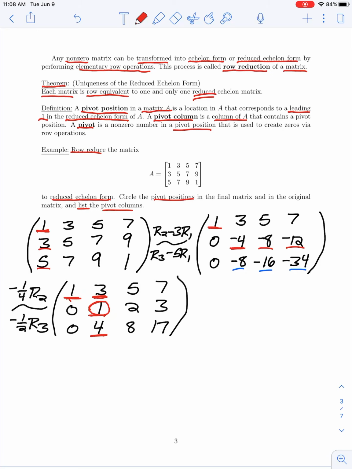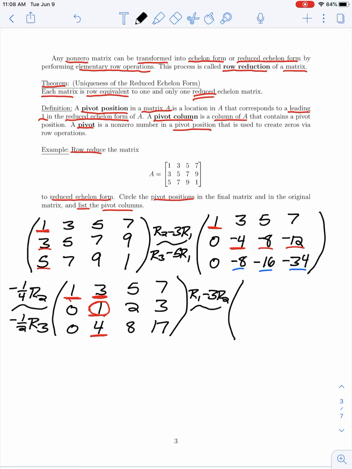So let's see how we could do this. To kill off the 3 above that 1 position, I could take my first row and subtract from it 3 times the second row. So I'm using that leading entry of 1 in the second row as a pivot. I'm using it to get 0 entries above and below that entry.